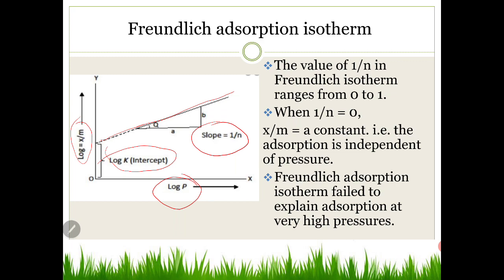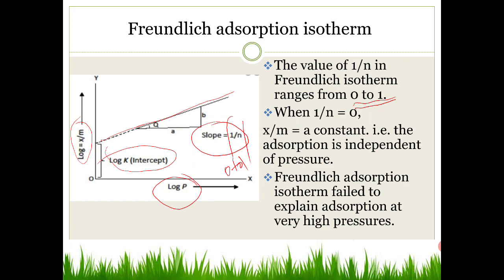The value of 1 by n in the Freundlich adsorption isotherm ranges from 0 to 1. Please understand, the 1 by n value will be between 0 and 1. When 1 by n is equal to 0, x by m becomes constant, so the adsorption is independent of pressure.